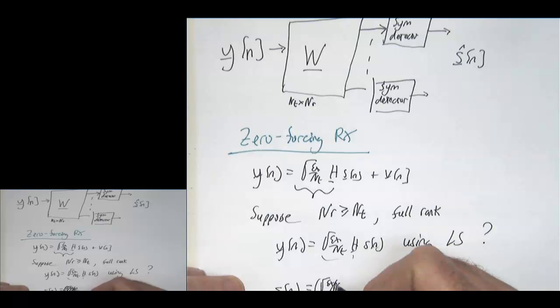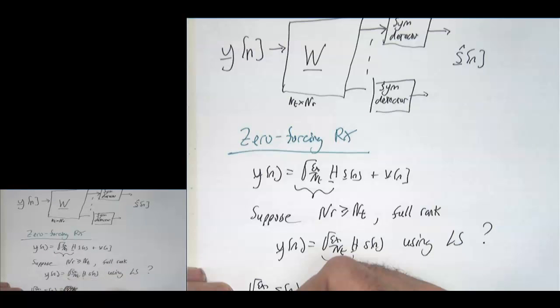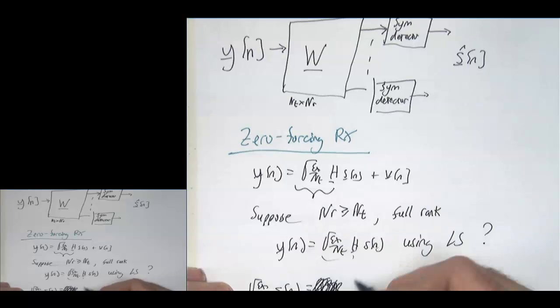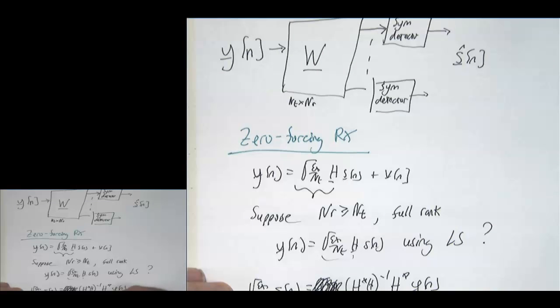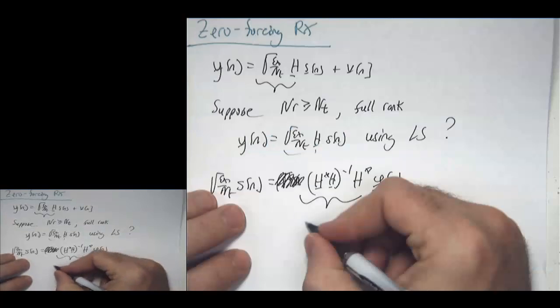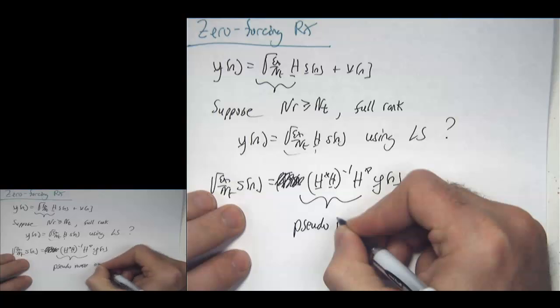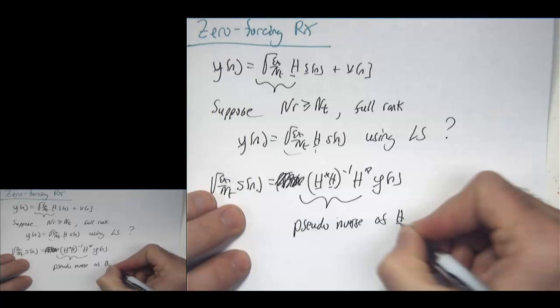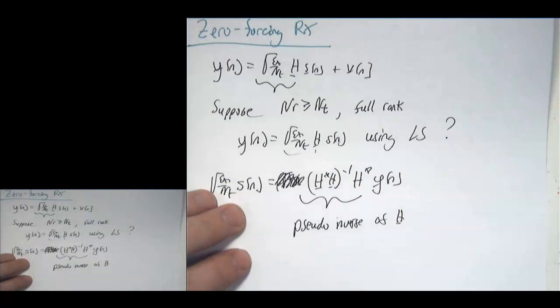I'm just going to leave the square root of Ex over Nt here for convenience. So we get H star H inverse H star y of n. This quantity is known as the pseudo-inverse of H, and this is what we're going to use for W.